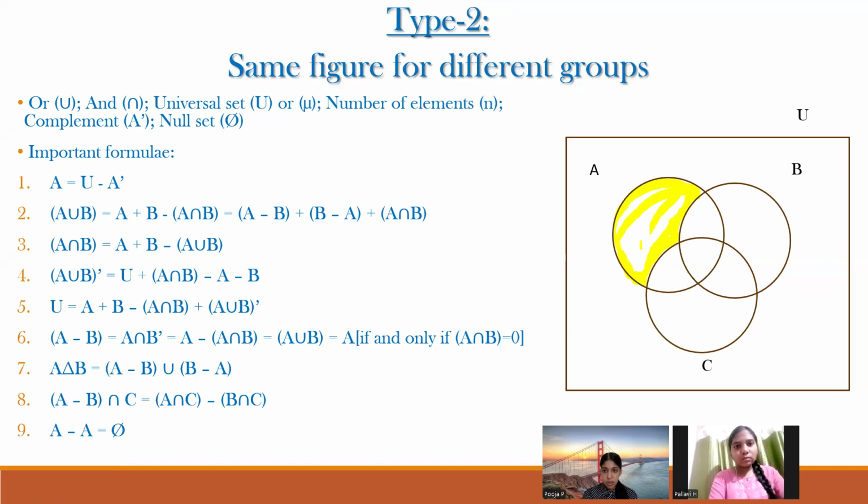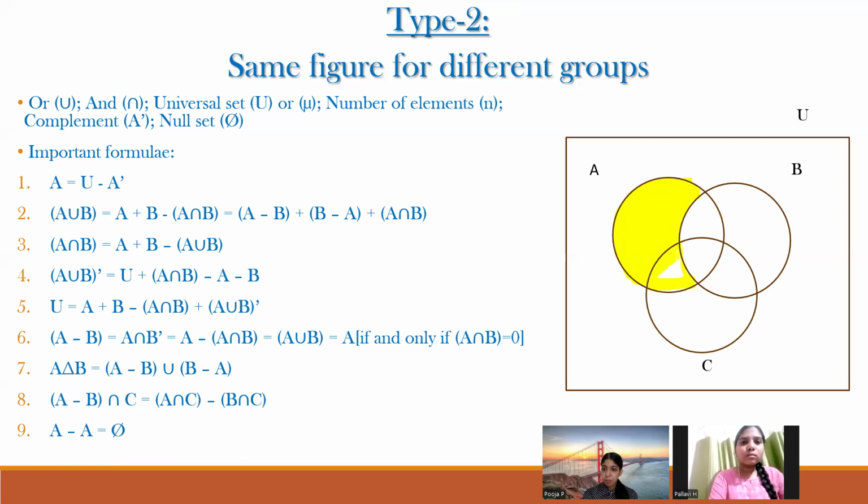Have they spoken anything about C? No. So are you going to consider C? No. If C is also part of the group given to you, then you will not consider C as long as it is part of the group. In all the previous formulae, C was never in the picture; we were playing only with A and B. Now that C is coming into the picture, you will not consider it. But is this also a part of A difference B? Yes, this is also a part of A difference B.